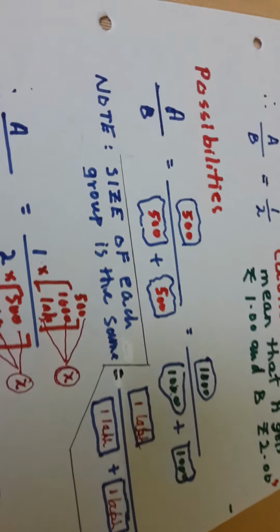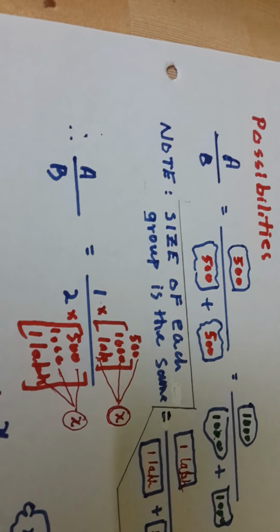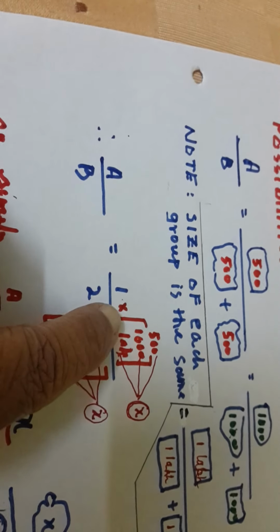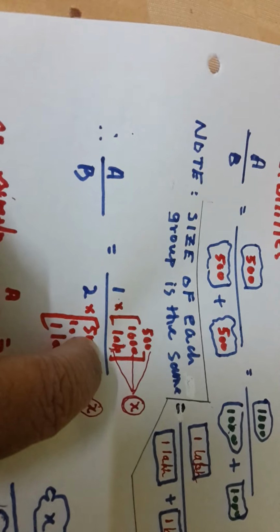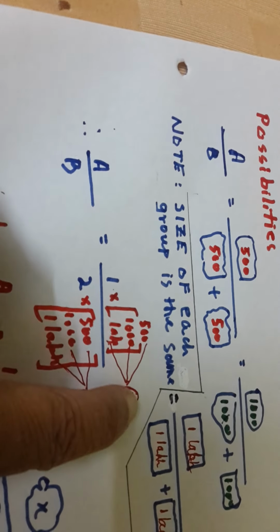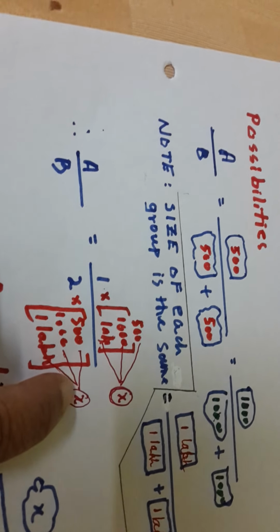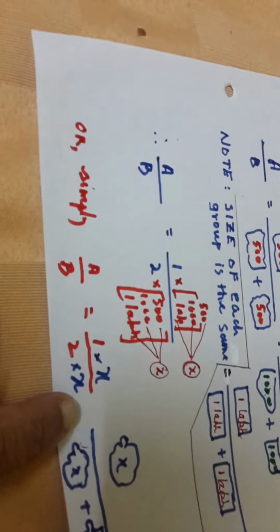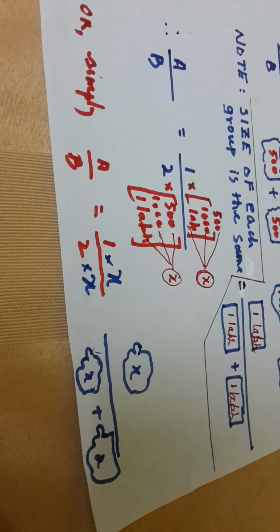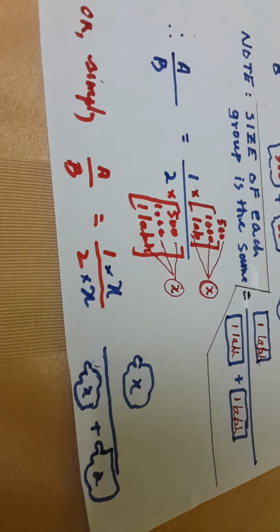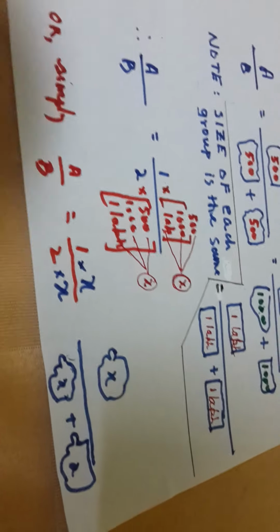That's important. Why? Because then and only then the term ratio comes. So A to B is 1:2. Now these are the various possibilities; 1 can be multiplied into any one of these. So X. Now A by B is 1 into X by 2 into X. Now this is important. When we introduce X, we are giving the real value.